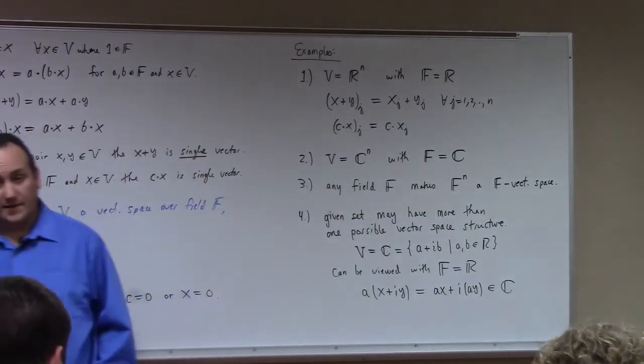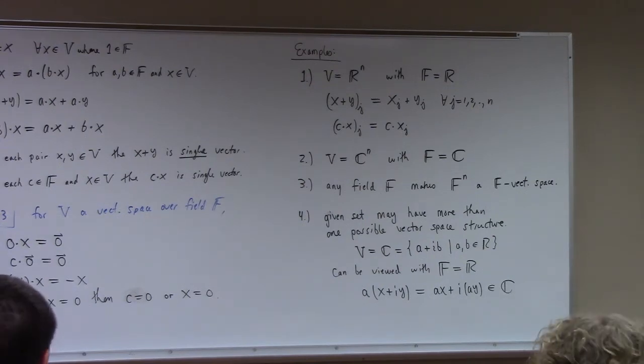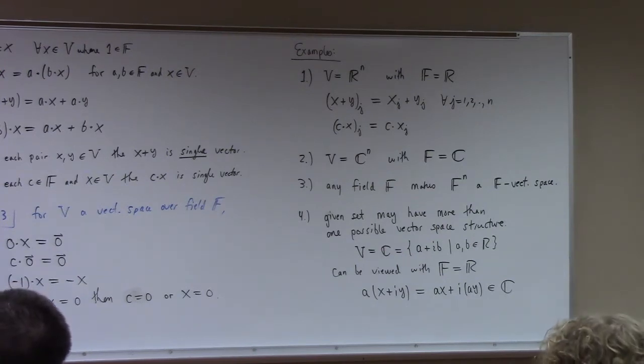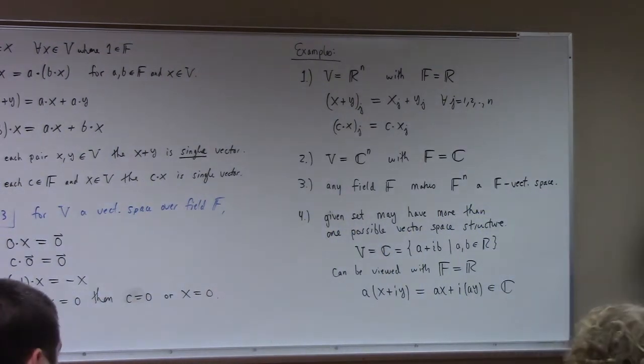So multiplying a complex number by a real number gives me back a complex number, and if you check it, all the axioms for the vector space are satisfied. We can multiply by a real scalar. So this is just like a general comment.